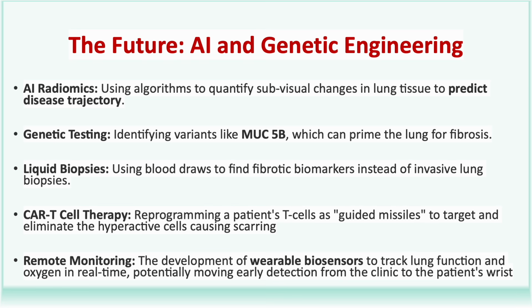They've mentioned CAR T cell therapy where you reprogram your own T cells as guided missiles to target the cells which are causing fibrosis. And they've talked about wearable biosensors to track lung function and oxygen in real time. That's a really exciting arena of the future of these ILDs.